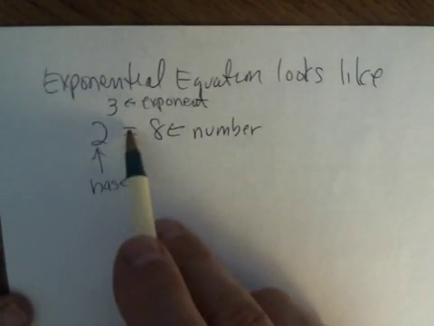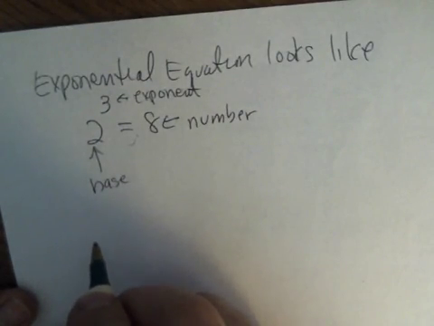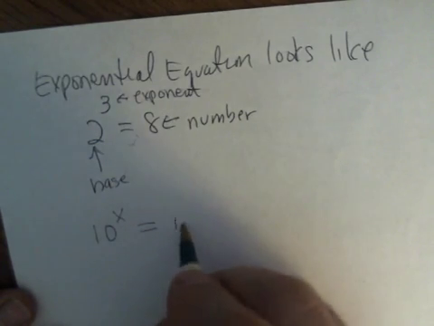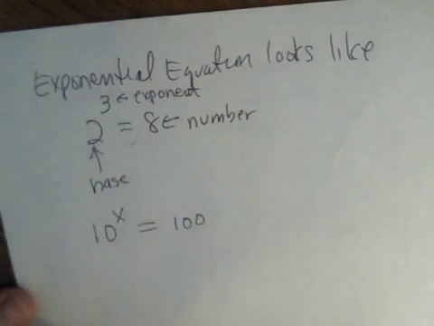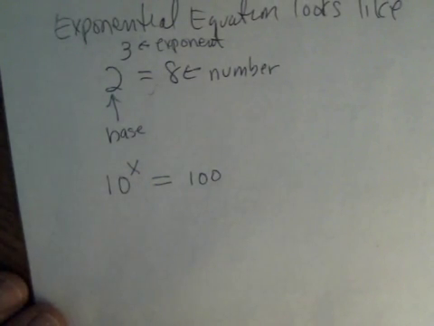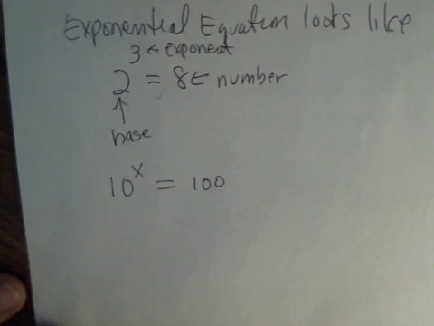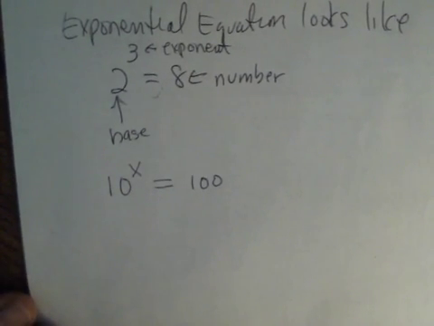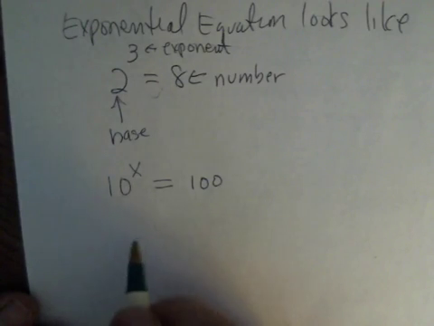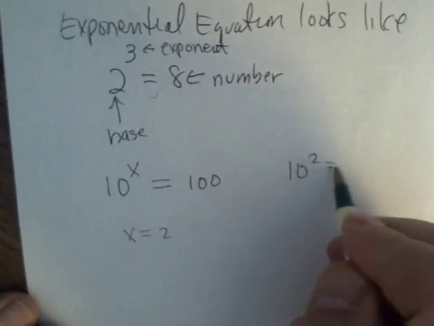So here is an exponential equation. Let's look at another one. This time, I'm going to leave the exponent as an unknown. Now, you can look at that probably and say, oh, well, x is 2 because 10 squared is 100.